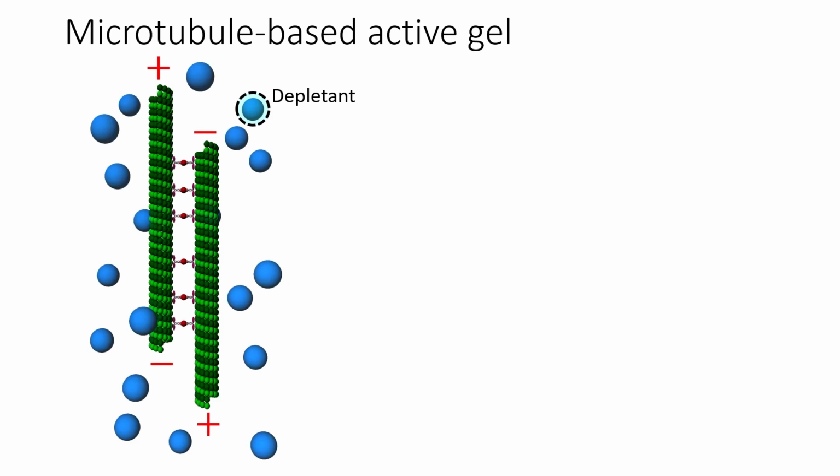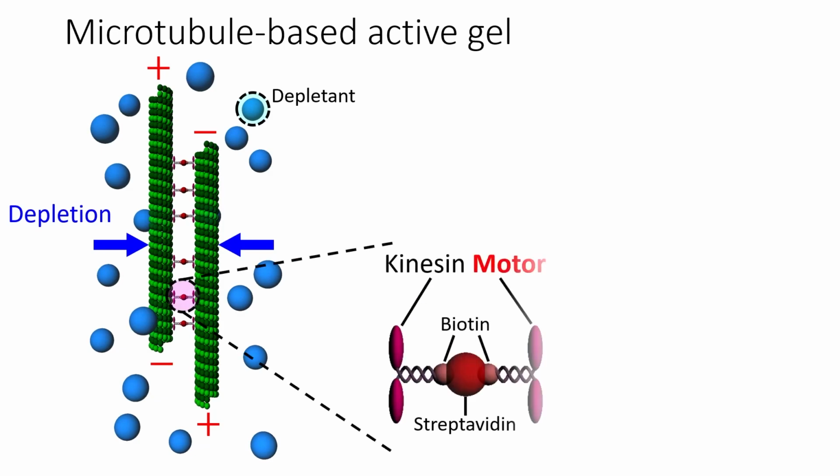These polymers bump onto pairs of microtubules, create osmotic pressure, or called depletion, to bundle microtubules. The bundled microtubules will be driven by our third component, kinesin motor dimers. These motor dimers slide pairs of anti-parallel microtubules apart, causing interfilament sliding.